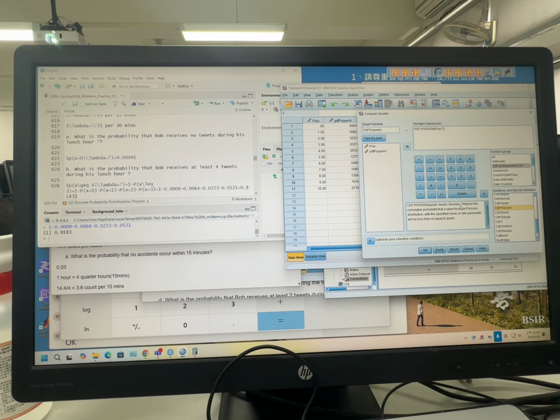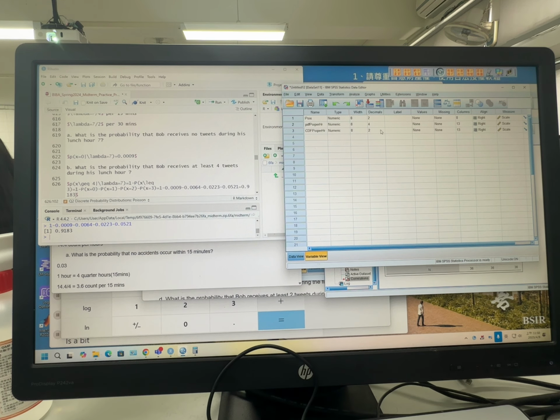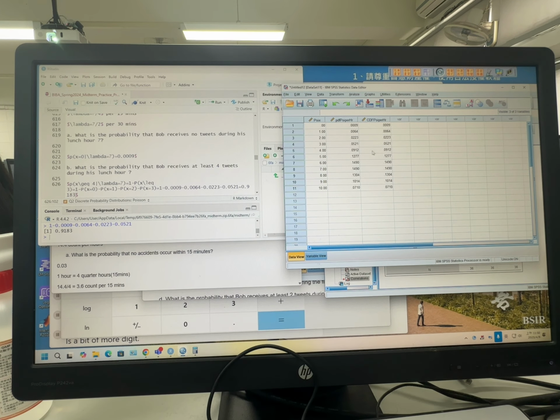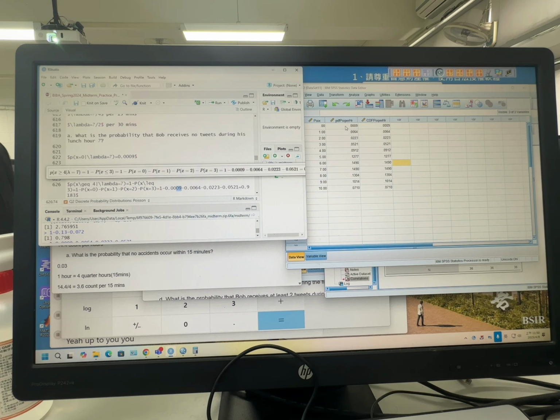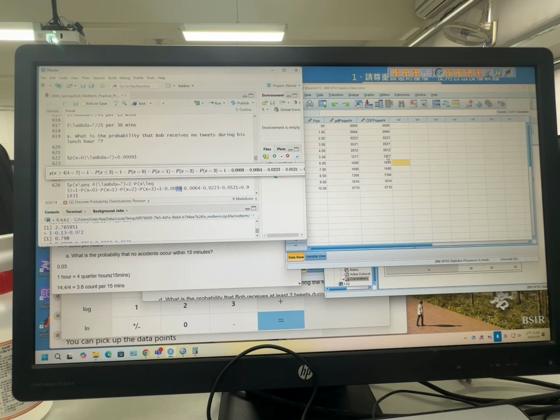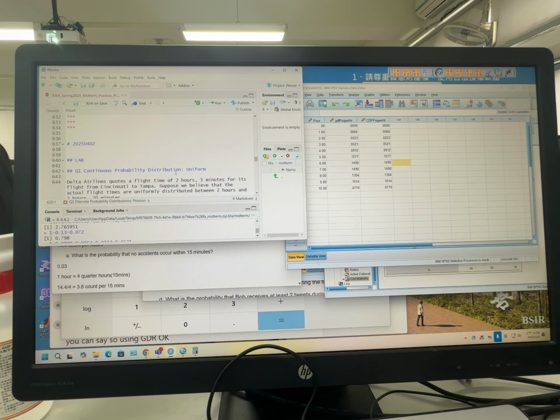That's a distribution. So you see 0.09, and if we get more digits, it's exactly the same. So you do 1 minus this one to get the answer. Up to you. You can pick up each data point to compute the probability, or you can use the CDF.